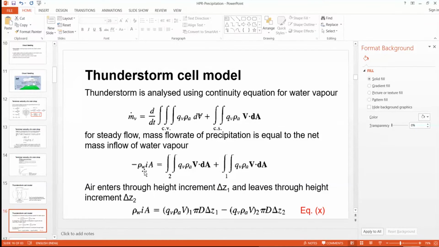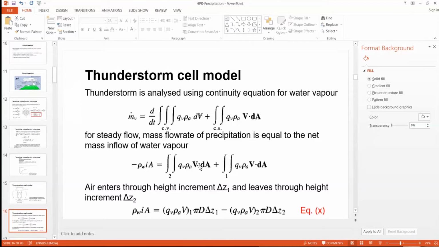Here ρw is the mass density of water, multiplied by I into A. I is in centimeter per second, and A is area in meter square. We can write I in SI units as meter per second. So this is the mass flow rate of rain.